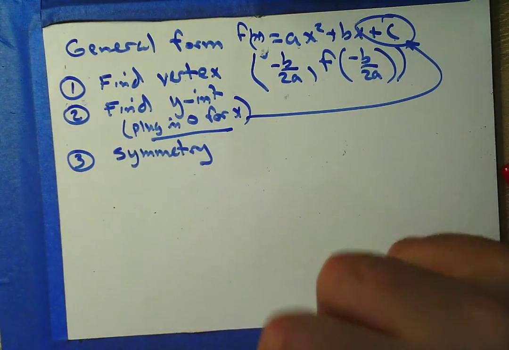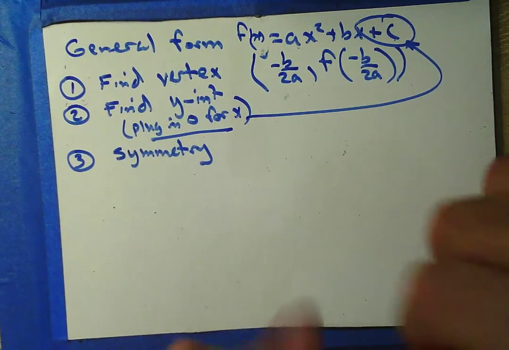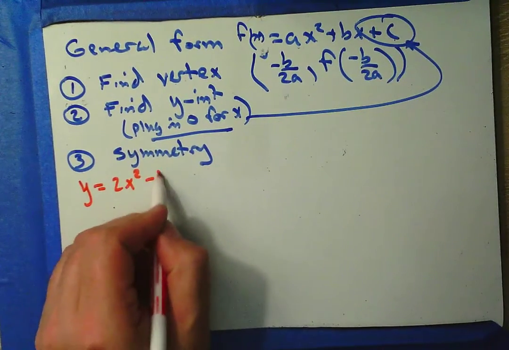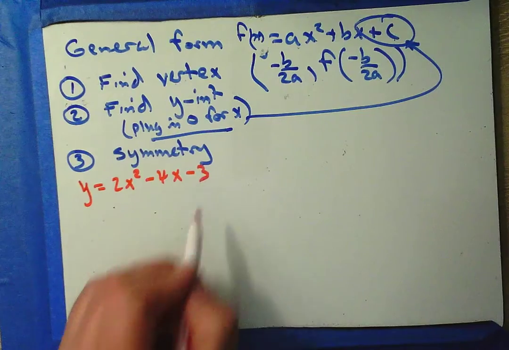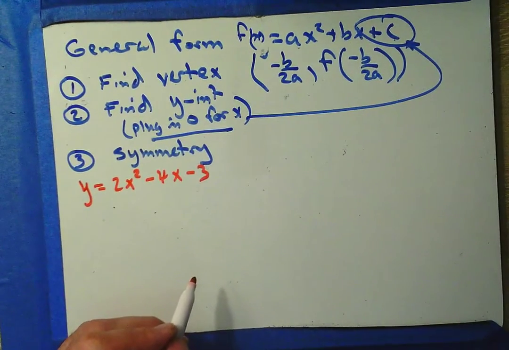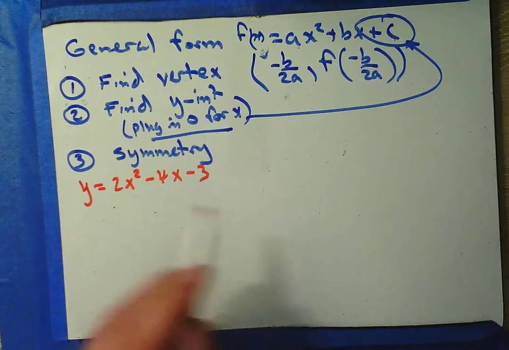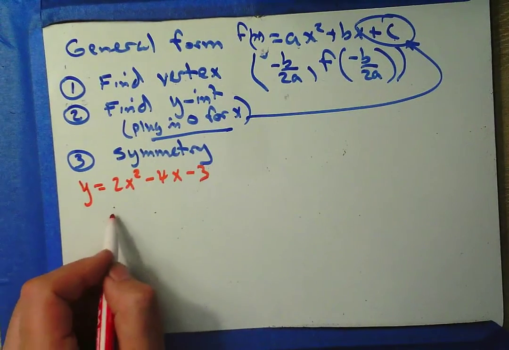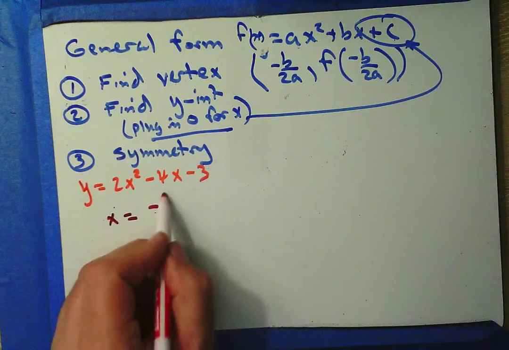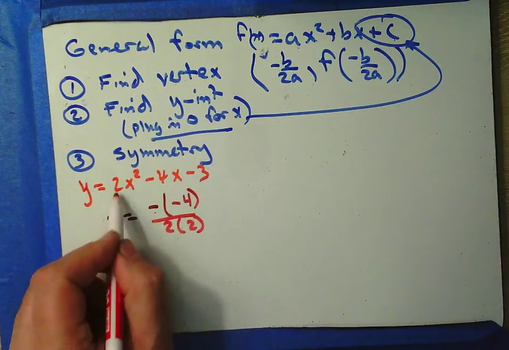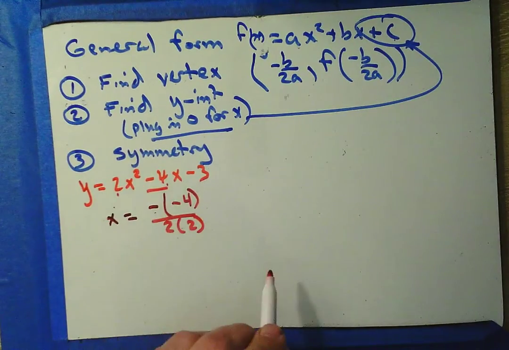So let's take a look at a function that is in general form. I'll write one down here. We've got y equals 2x squared minus 4x minus 3. Okay, so from this form, I think I need to find the vertex. Well, the vertex is located at negative b over 2a, because there's my a value and there's my b value.